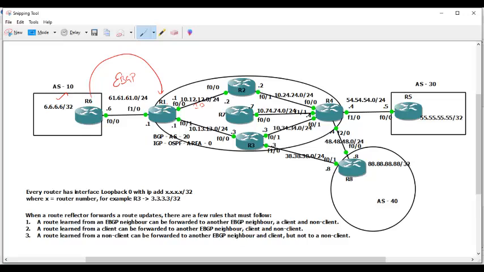So a route learned from an IBGP should not be given to another IBGP. That's the rule. These two are IBGPs. A route learned from the IBGP should not be given to another IBGP. That's the rule.